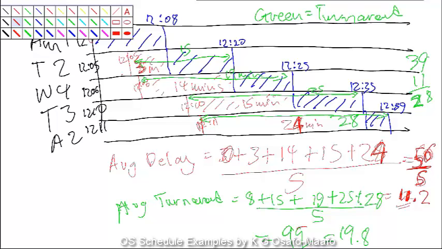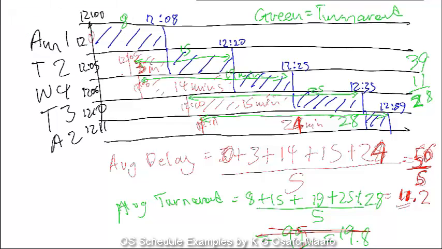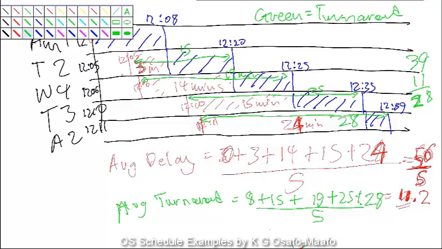Should be 95 divided by 5, 19. Alright. So let's just double check everything.